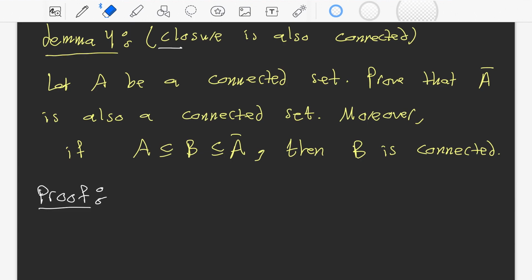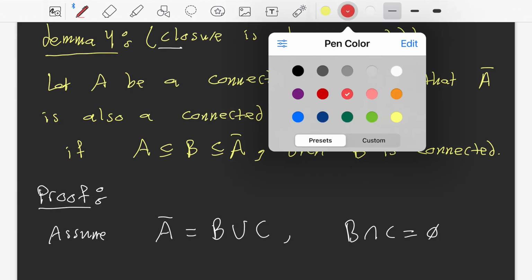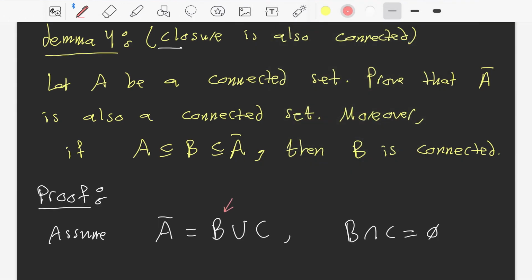Well, if we assume that the closure is not connected, the closure of A can be written as B union C, where the intersection between B and C is empty. And as before, we know that both B and C are clopen in the closure itself, because B is open and the complement of B is C, so it is also closed.